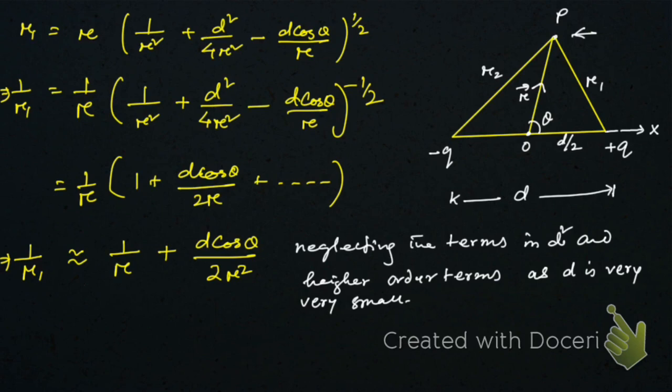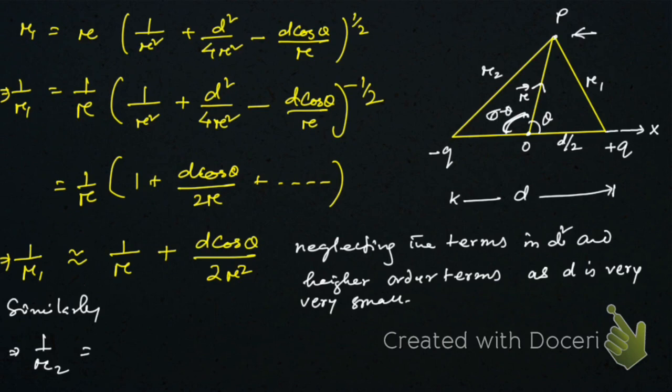Now you see, similarly you can find 1 by r2, right? So here you see, then we have to take this angle, that is pi minus theta.